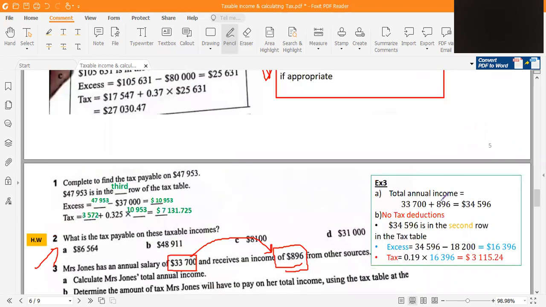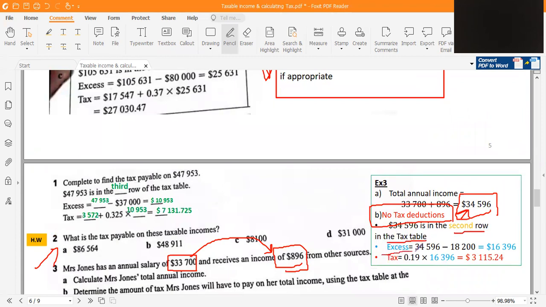Total annual income, we have no tax deductions, so as taxable amount we have the same one. So this one, we locate 34,596 in the table, and we find it in the second row in the tax table.